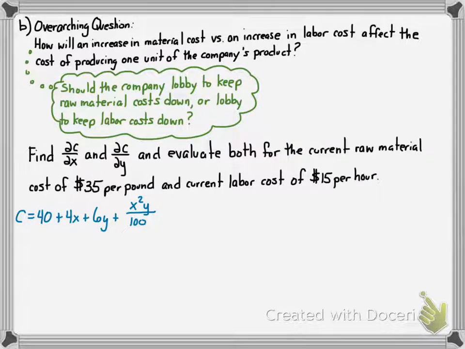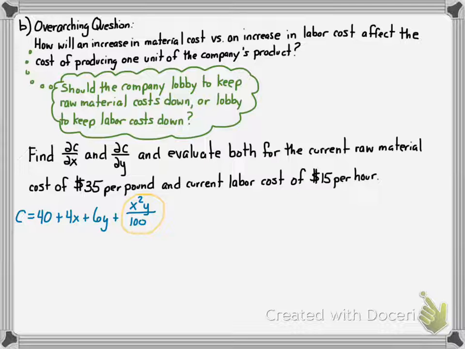And before I take my partial derivative, for me it's kind of nice to take a look at that last term here, this x squared y over 100. Because that 100 is in the denominator, I might have to do something complicated to take that derivative. Or I can rewrite this term.